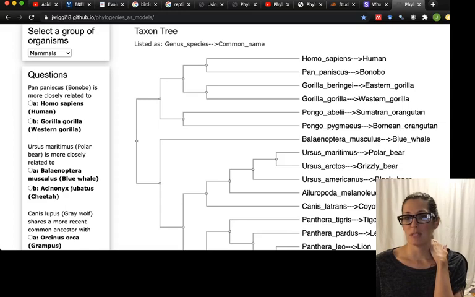You might be tempted to say, oh, well, Gorilla beringei, they're right next to each other. But keep in mind that this placement can be flipped, right? We could flip at this node right here. So gorilla could have been right here instead of Gorilla beringei. So keep that in mind as you're exploring these.